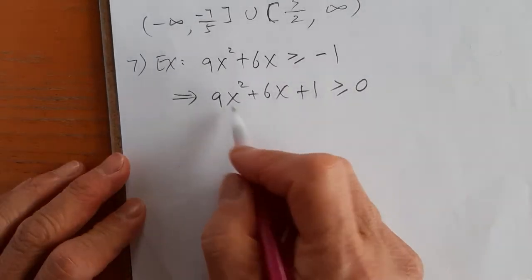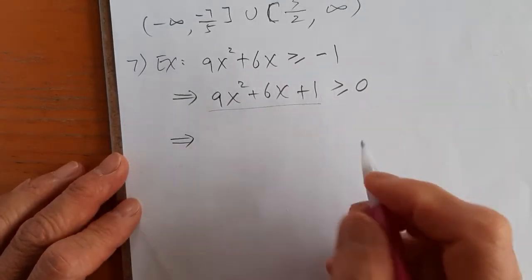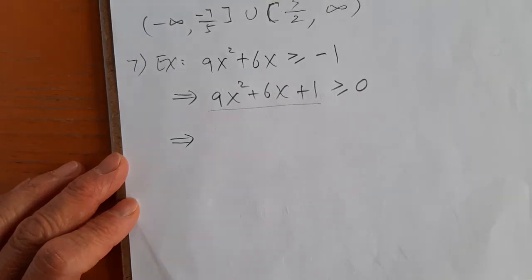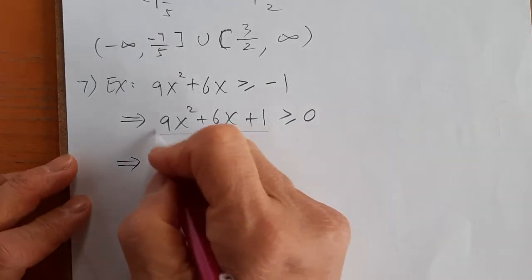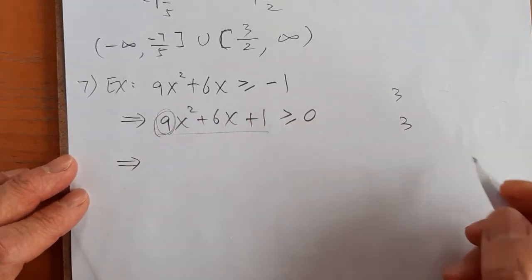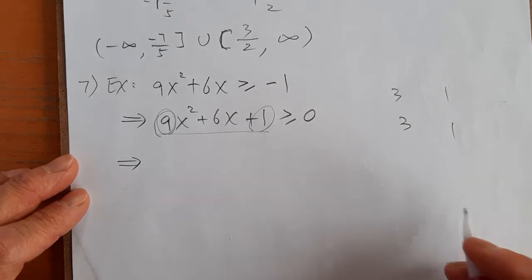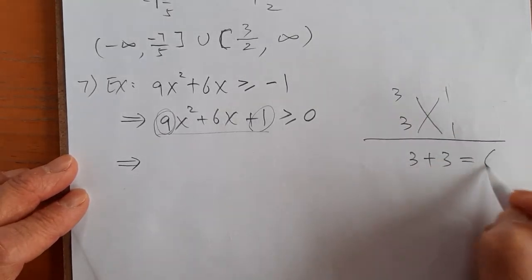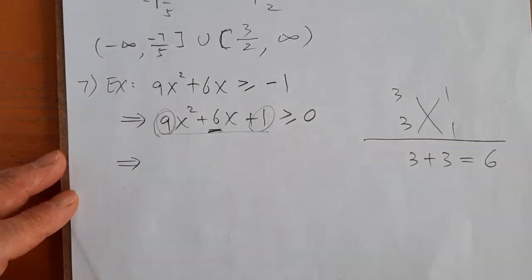And try to factor this. You can use the completing the square formula to factor it, or you can factor: 9 is 3 times 3, and 1 is 1 times 1, and cross multiply and add together to get 6. Is this the x term coefficient 6?